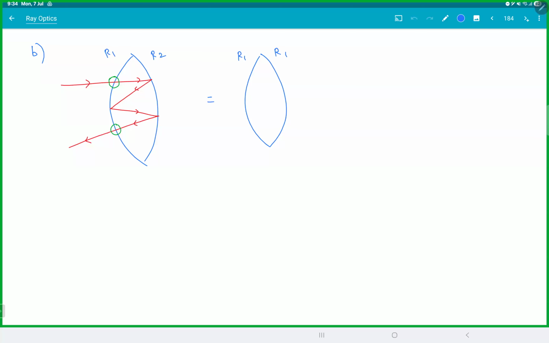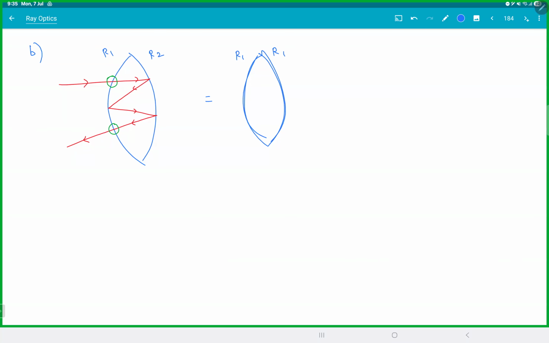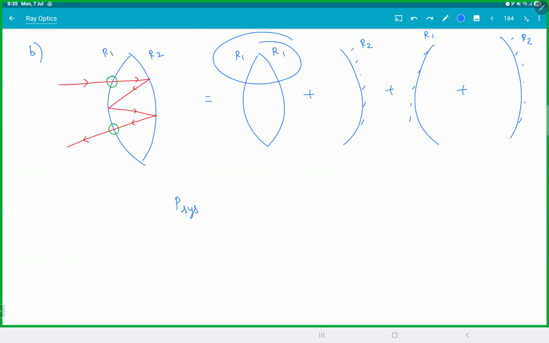Are you clear with the difference? Because see, the light ray does not know what is lens and all. It simply thinks, okay, a combination of these two is one lens. And plus it has only 3 mirrors. If you have an odd number of mirrors, the system behaves like a mirror. Light ray is going back. R2, R1, and R2. This is a big trap. Most people take R1, R2.